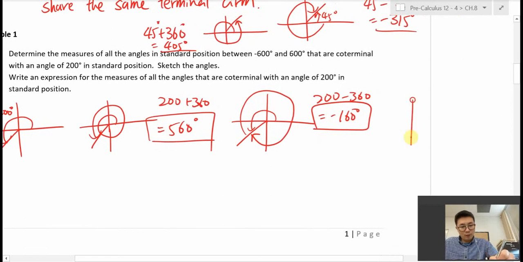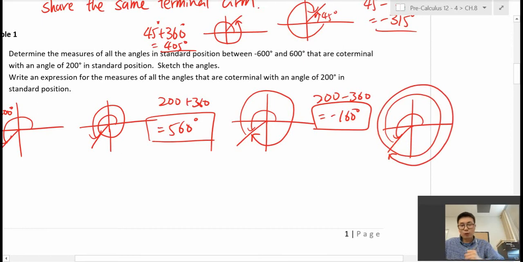And I believe we can find one more because we can do it one more time. We stop over there, but then we can go like that twice. So you go 200 minus 2 times 360. This is negative 520, which is still within our range.